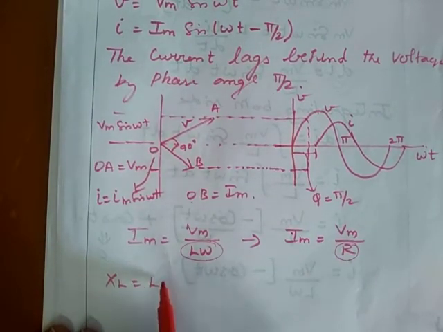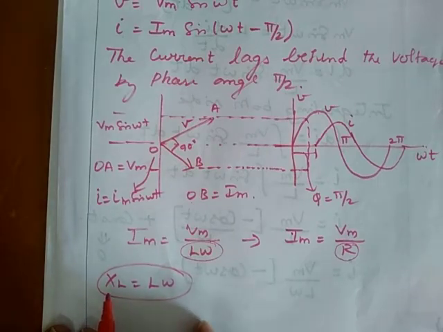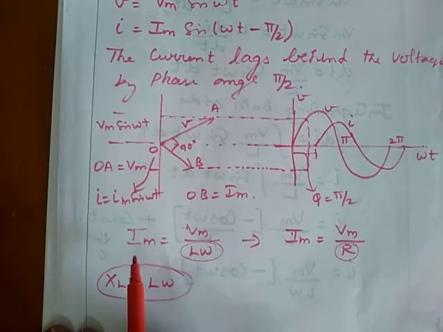Here it is not R, that is XL. XL is equal to L omega. Here XL is a reactance, that is the inductive reactance. Inductive reactance means the resistance offered by the inductor to the current I.